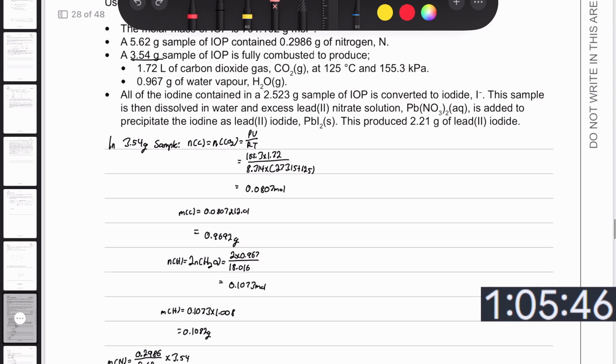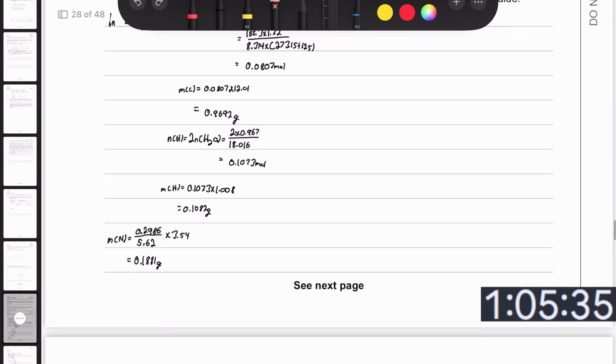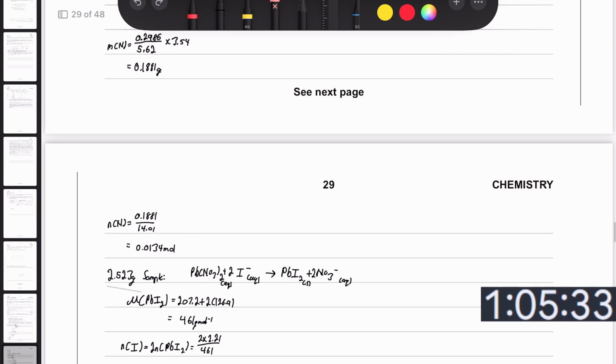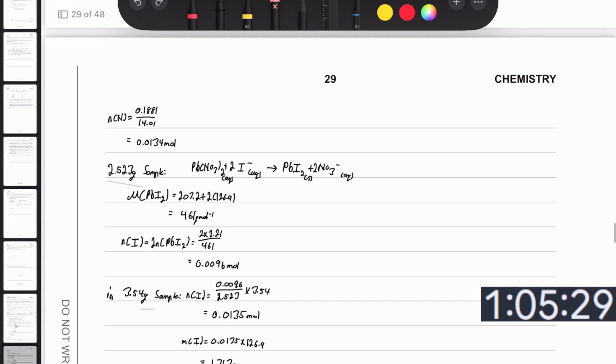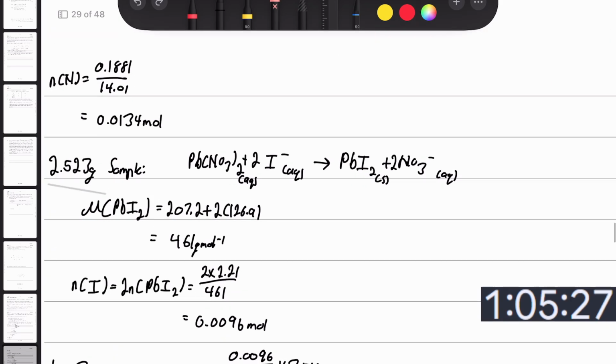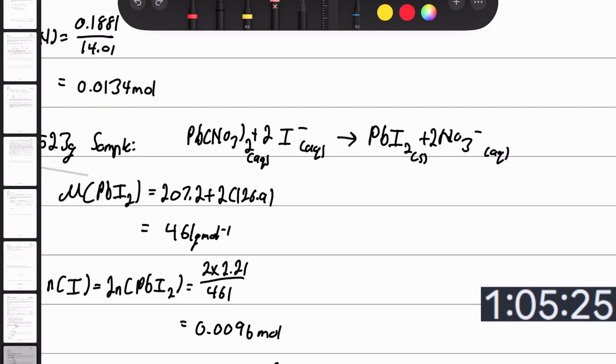Mass of nitrogen in the 3.54 gram sample: 0.2986 divided by 5.62 times 3.54, 1.081, so then divide that by 14.01, 0.034 moles. 2 iodines.